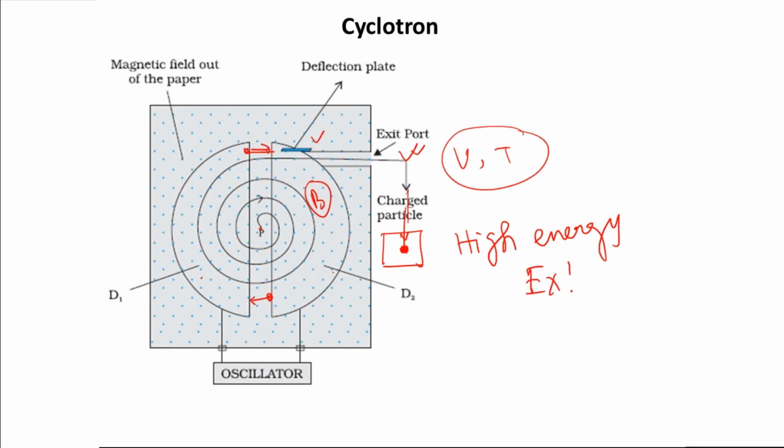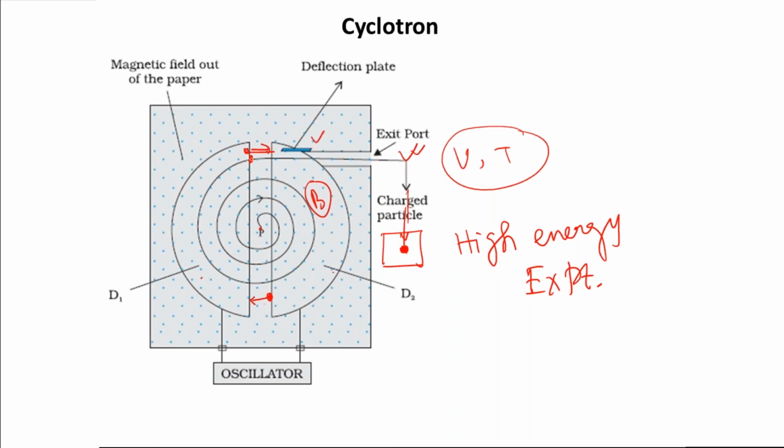One more important point which I have not told you. You might be thinking, sir, since the electric field is only acting when the charged particle moves through the gap from D1 to D2 or D2 to D1, the frequency must be adjusted in such a way that only when the charged particle comes here does the electric field get switched on, and the direction of the electric field also has to be adjusted.